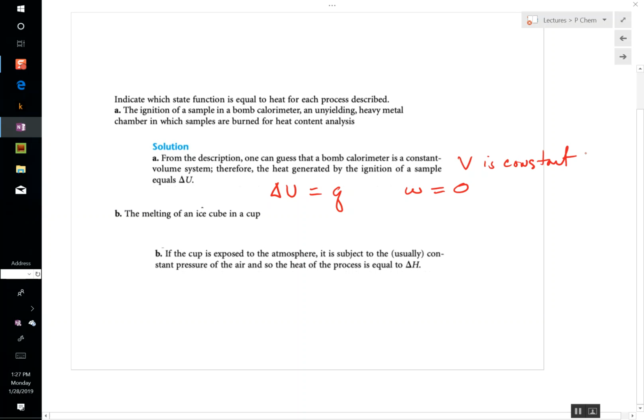Melting an ice cube in a cup. The cup is exposed to the atmosphere, subject to the usually constant pressure of the air, and so the heat of the process is equal to delta H, the enthalpy. Well, we didn't introduce enthalpy yet. We need to get to enthalpy. Enthalpy is not the same as internal energy, but certainly closely related.